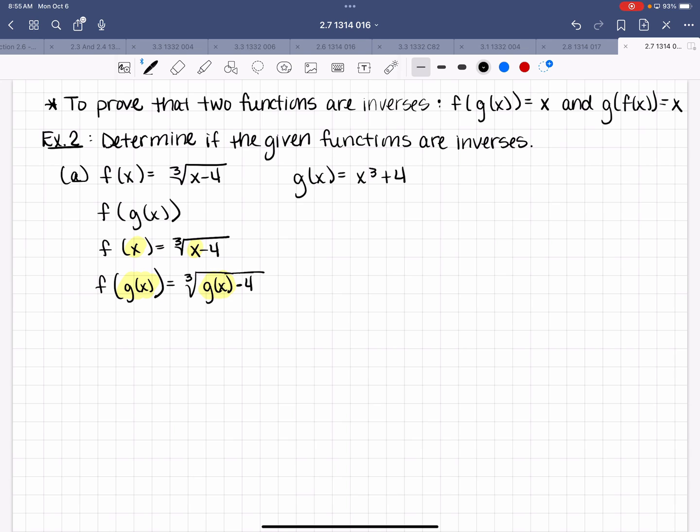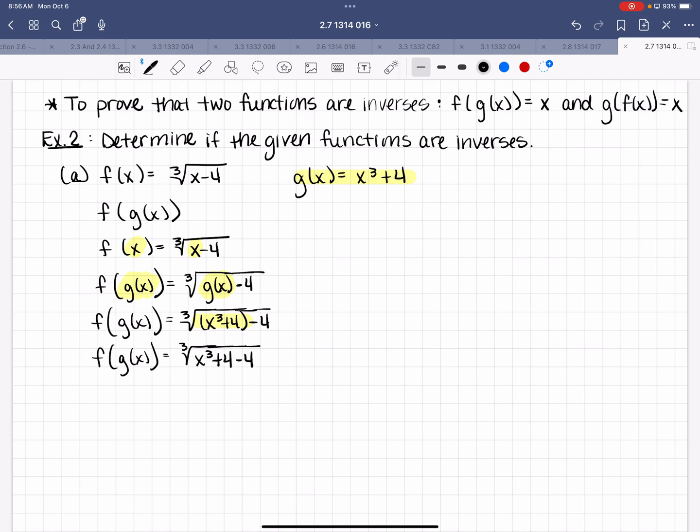Now, I actually know what g of x equals, right? They told me what g of x is. G of x equals x cubed plus 4. So, that means f of g of x equals the cube root of x cubed plus 4 minus 4.